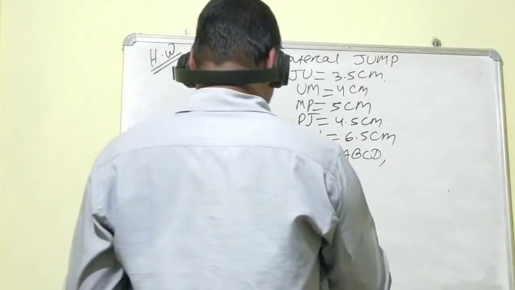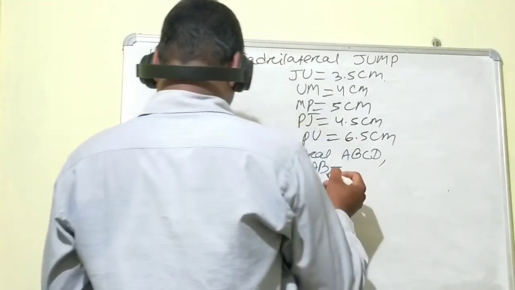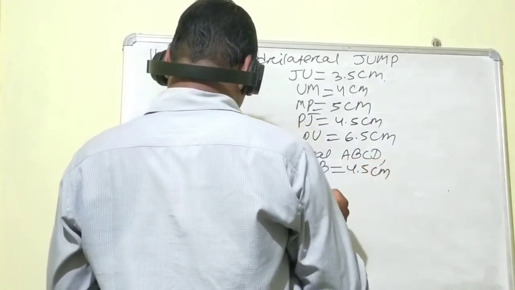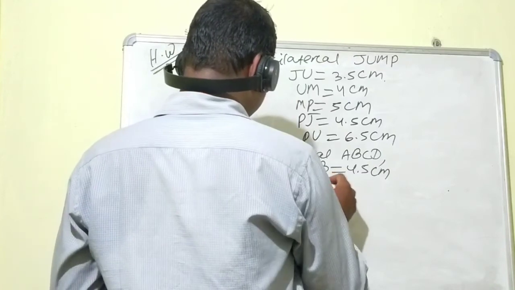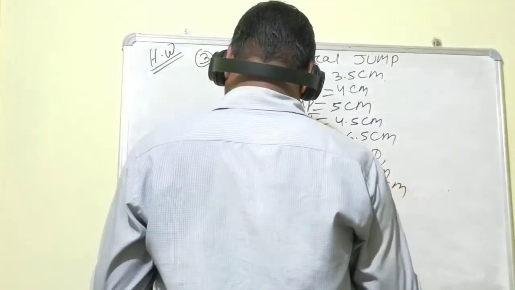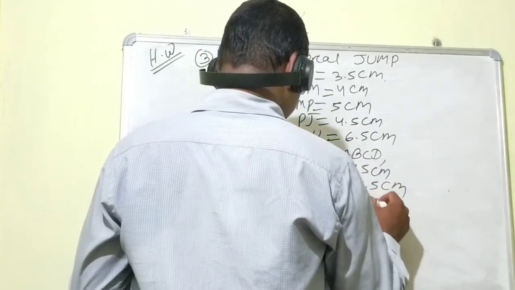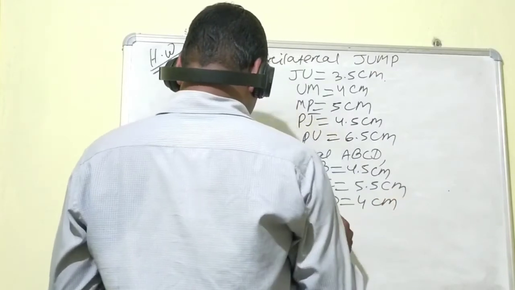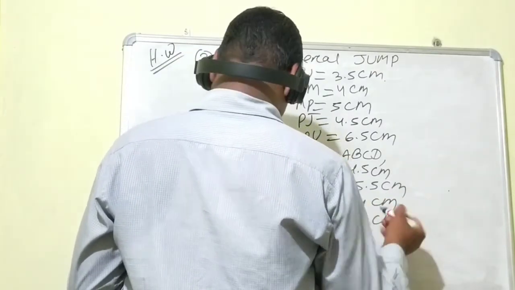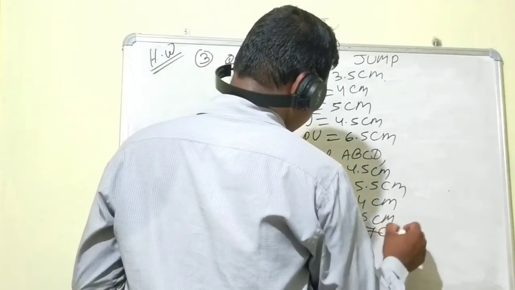AB equal to 4.5 centimeter and BC equal to 5.5 centimeter, CD equal to 4 centimeter, AD equal to 6 centimeter, AC equal to 7 centimeter.